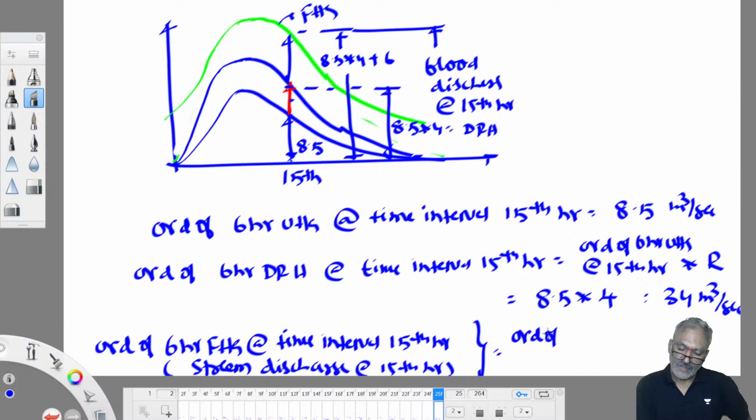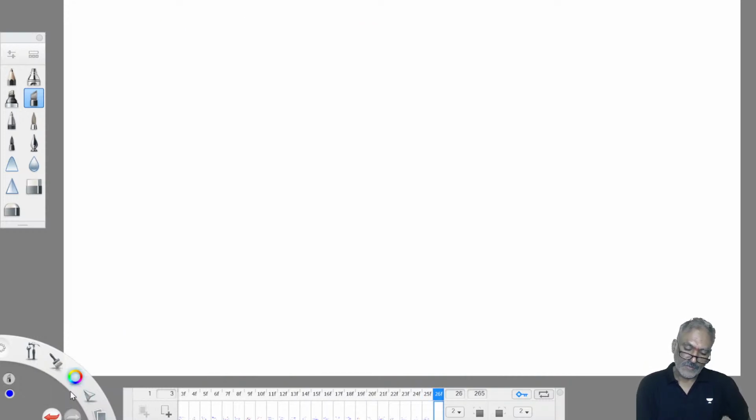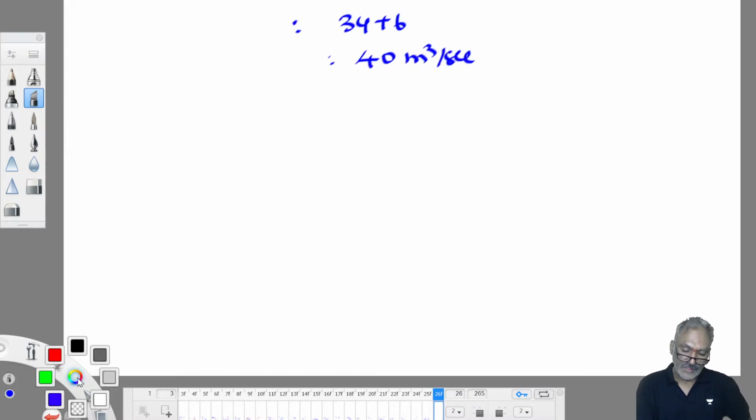Therefore, the ordinate of the 6-hour flood hydrograph at the 15th hour is equal to the direct runoff ordinate plus base flow, which is 34 plus 6, equal to 40 meter cube per second. That was the answer for that question.